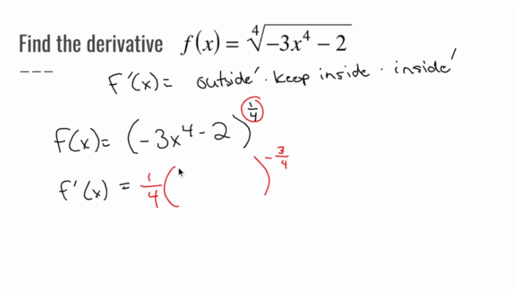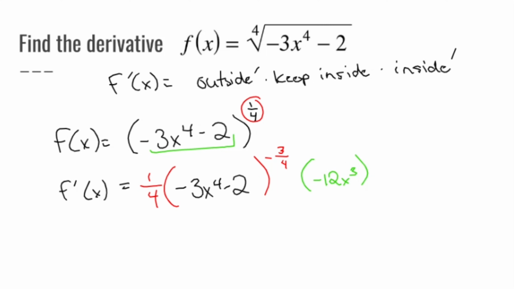Keep the inside stuff, so negative 3x to the fourth minus 2 is going to stay there. But we're going to multiply everything by the derivative of the inside stuff, which is the derivative of negative 3x to the fourth, which is negative 12x to the third, minus 0.